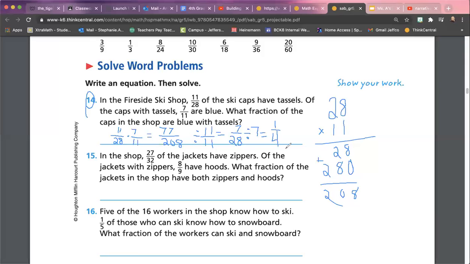I would never tell someone in a cookie recipe that you need 77/208 cup of flour. That would be ridiculous. So getting it down to these unit fractions just makes it so much more manageable. This makes it understandable. It makes it easier for people to work with.